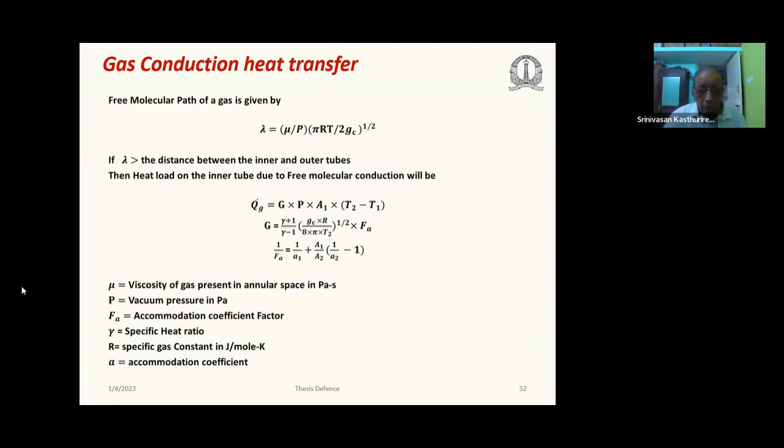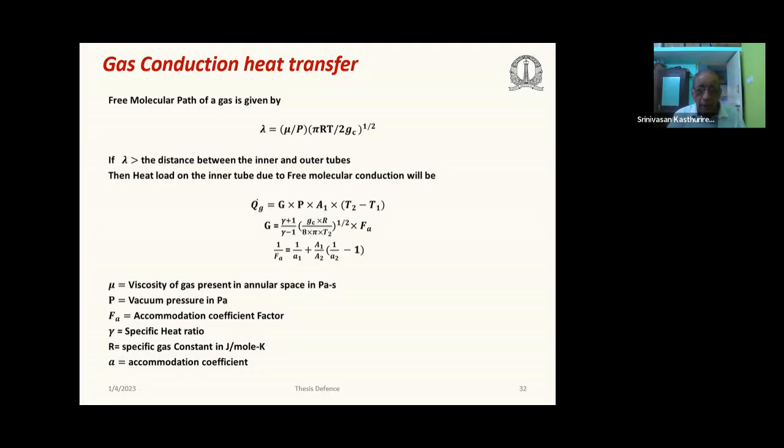So we can write it like this: Qg is equal to some constant multiplied by the pressure, that is the interspace pressure, times A1, the surface area of the inner tube, and then T2 minus T1, where T2 is the warmer temperature. So this doesn't depend on T2 to the power 4, it just directly depends on the temperature difference.